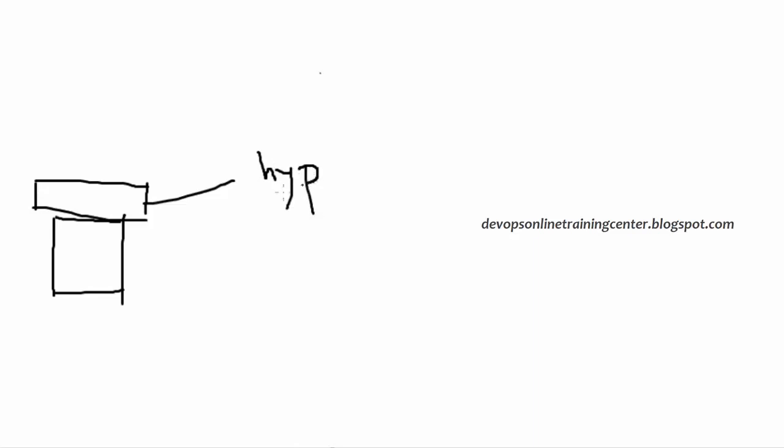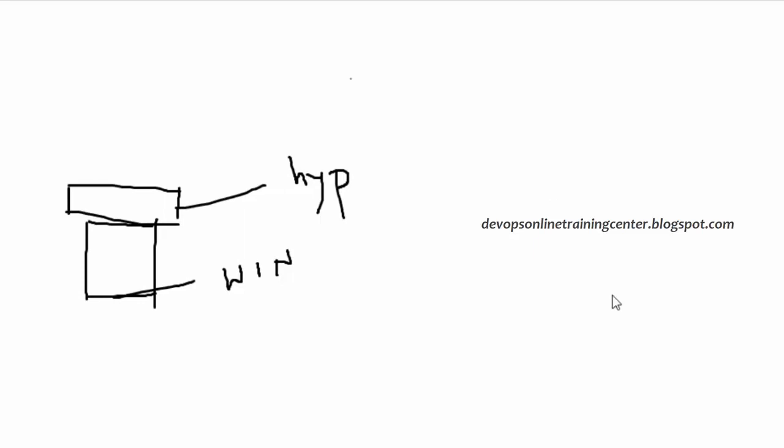So who is acting as the hypervisor here? This is your Windows laptop. This is the hardware. On top of that, the OS is there, and then on top of that we have the hypervisor. So you're using Xenial Ubuntu 64 as the operating system. Okay, that's fine.